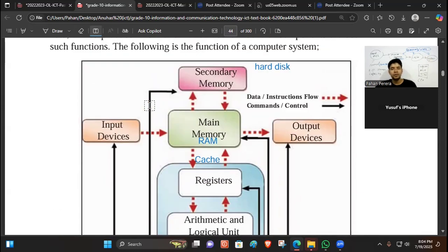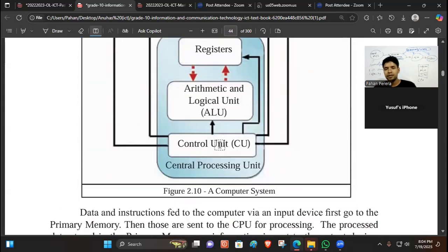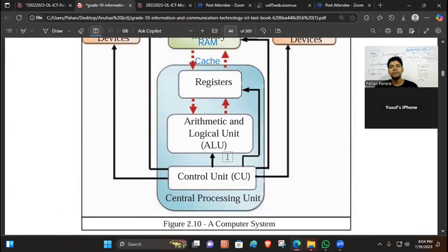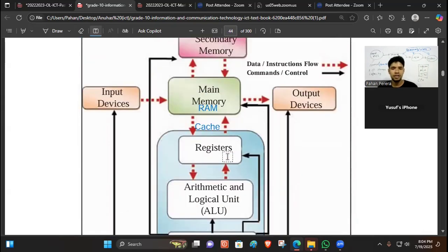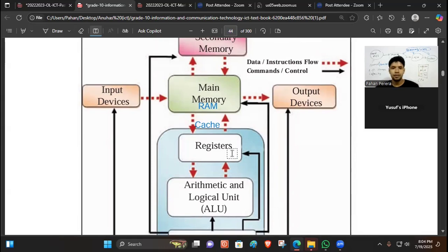What you have to understand is the data or instruction flow in the dotted lines: how the data flows from input devices to main memory, then from main memory to the output device. That is what you have to keep in mind, because the commands or control signals are simple, as they are directly transferred from the control unit to all the devices.